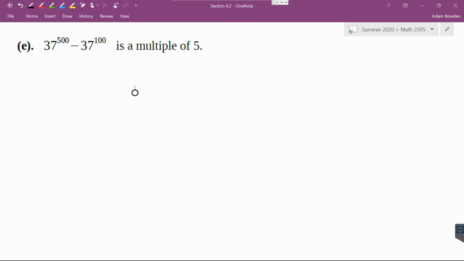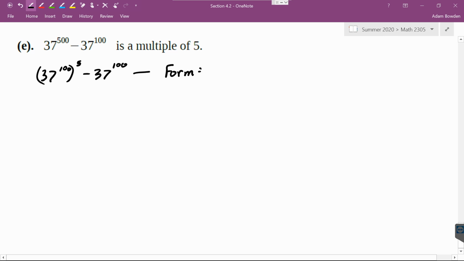And this next one, we're going to take 37 to the 500 power minus 37 to the 100 power and show that it's a multiple of 5. What we're going to do here is actually write this in a certain form and then prove it for that. So rewriting this thing as 37 to the 100 raised to the fifth minus 37 to the 100, we could write this in the form of n to the fifth minus n.